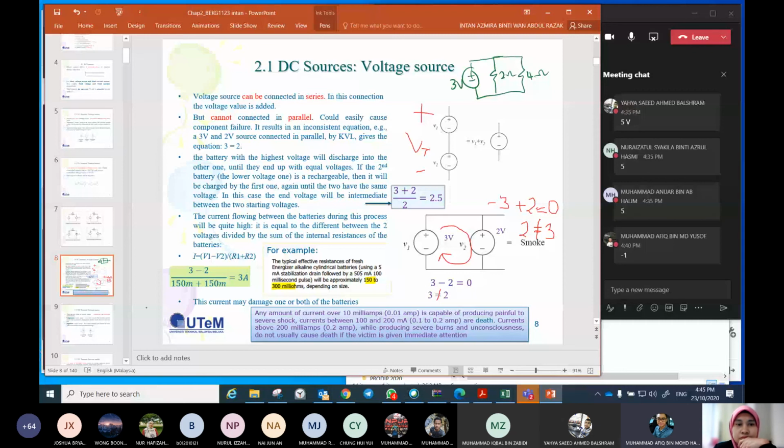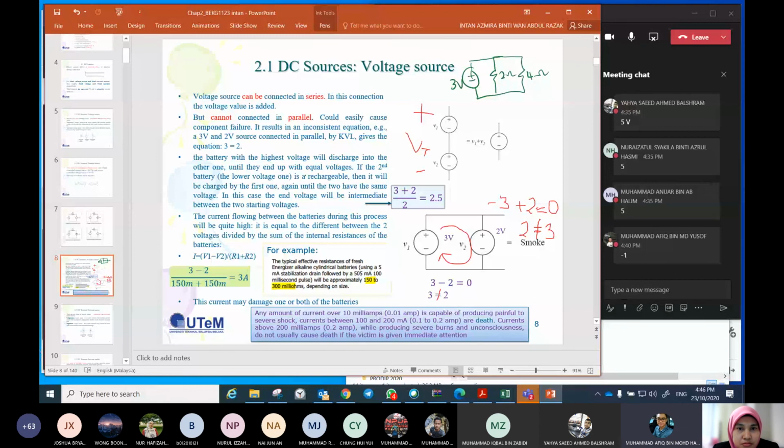Kita tengok explanation yang tengah-tengah tu, dia kata if the second battery, the lower voltage, is rechargeable, so the first battery akan charge yang lower voltage second battery tu kan? The battery with the highest voltage will discharge into the other one until they end up equal, intermediate, 2.5, 2.5. Kalau rechargeable, so there is no smoke lah.